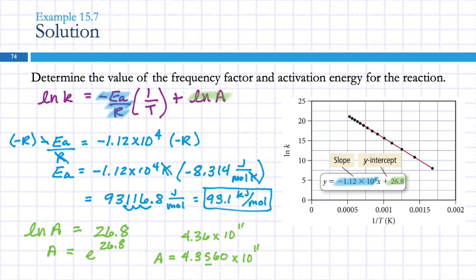They used that for something else. Anyway, frequency factor, what's your best guess at the units? It's the number of approaches per unit time. So it's going to be per second, or s to the minus 1.